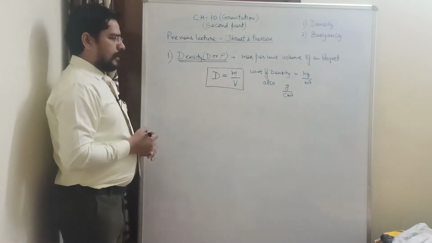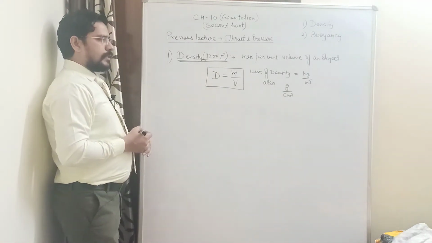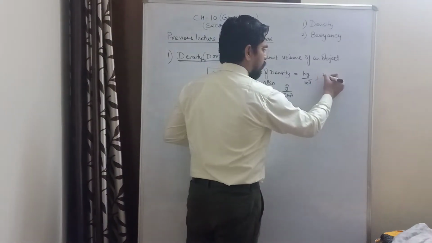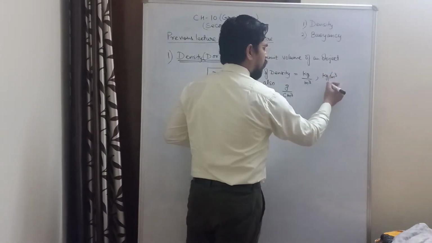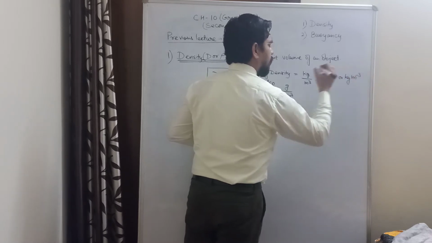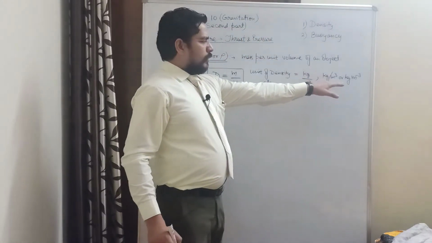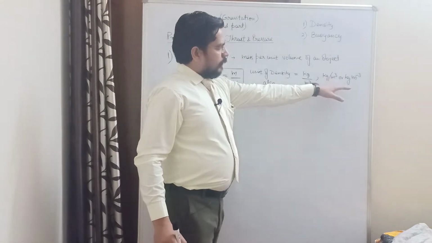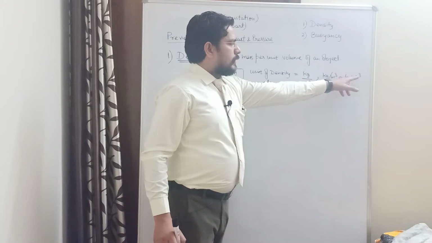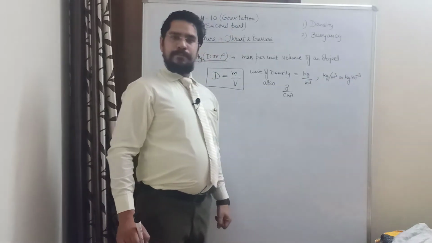Let us take a simple example for understanding this. While writing, we can write these units as kilogram per meter cube, or kilogram meter minus 3, because when a quantity moves from the denominator to the numerator, we write it by changing the sign of its power.